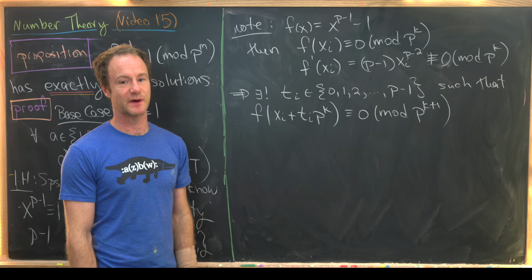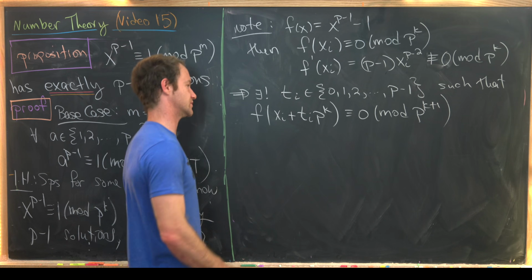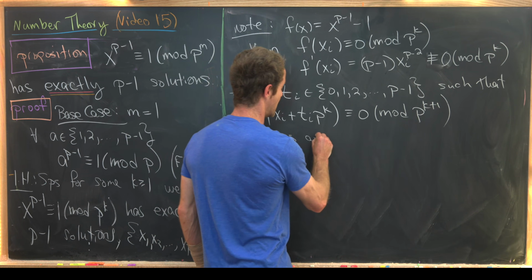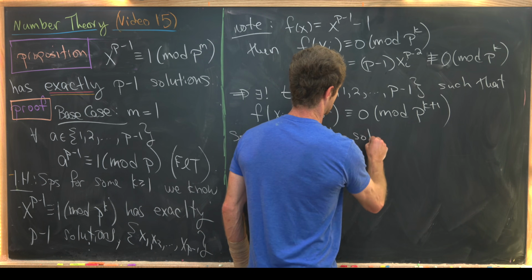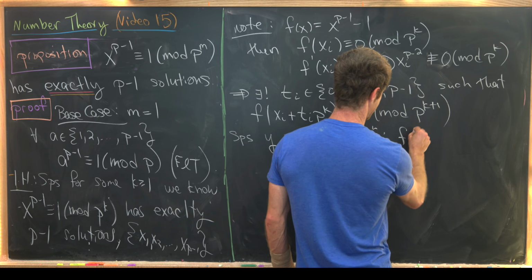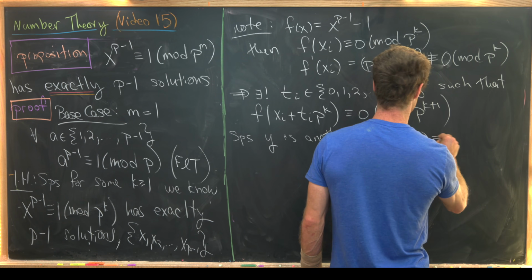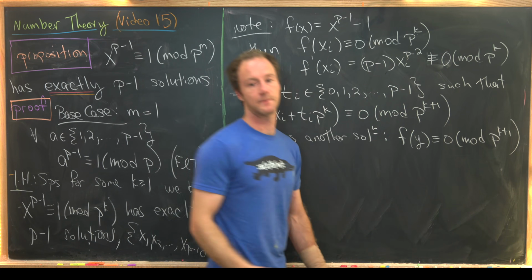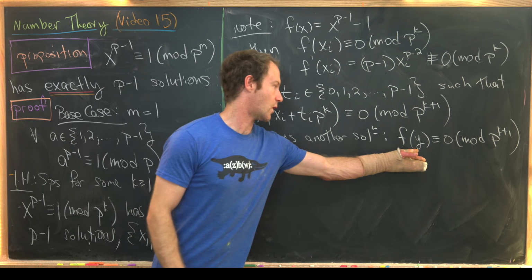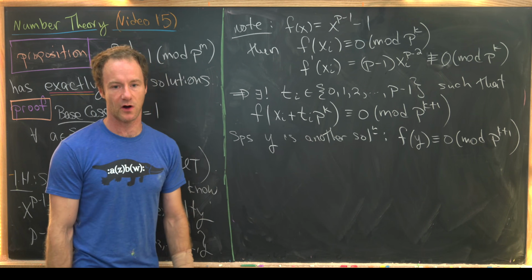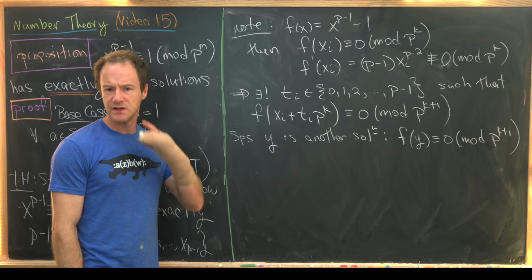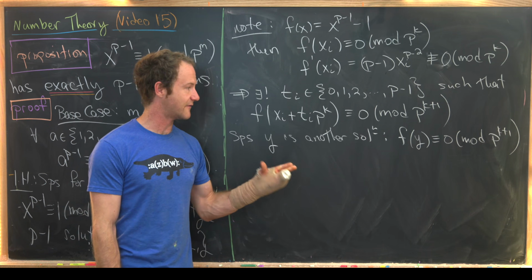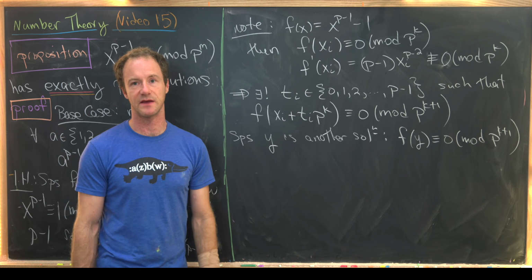Now we want to finish this by showing that we have all of the solutions. So let's suppose y is another solution. In other words, we have f evaluated at y is congruent to 0 mod p to the k plus 1. What we want is for this y to really be one of these that we've already constructed. Okay, so how can we get there? So this congruence right here tells us that f of y is a multiple of p to the k plus 1.